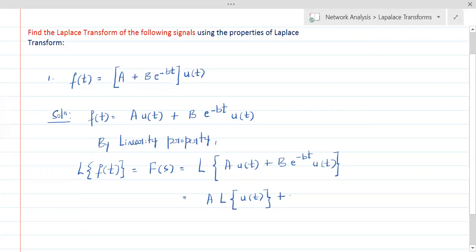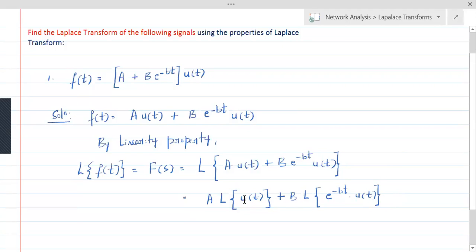Similarly, keep the scalar b out, and apply the Laplace transform on just the signal, that is e power minus bt into u of t. So this is how things look.